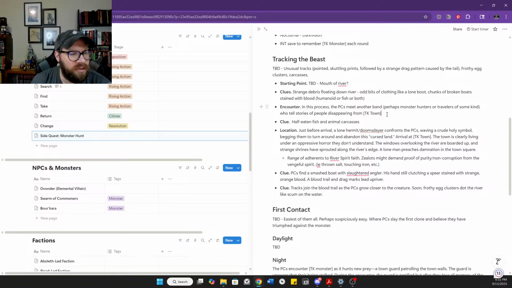Now they're saying, "Oh well, there was nothing there. I must have just gotten spooked. I must have just seen a shadow." And that can be a final clue to the characters that this creature is just up there.